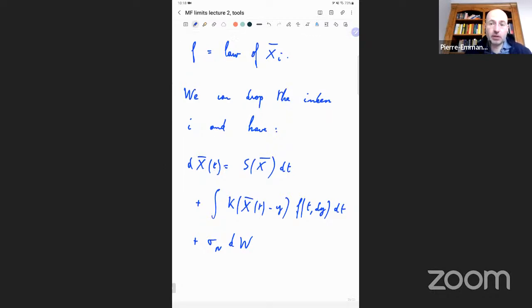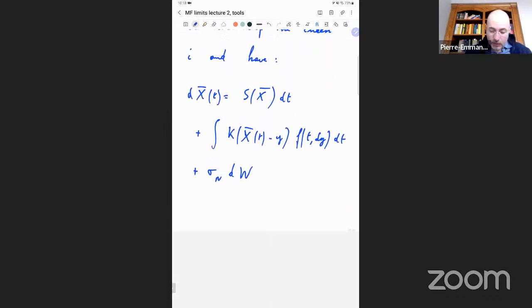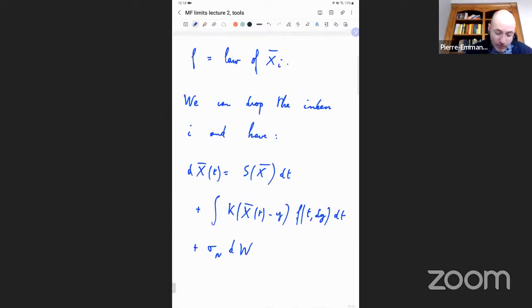And this is what I have. And this is my simplified McKean-Vlasov process. So that's the way to go, McKean-Vlasov process.